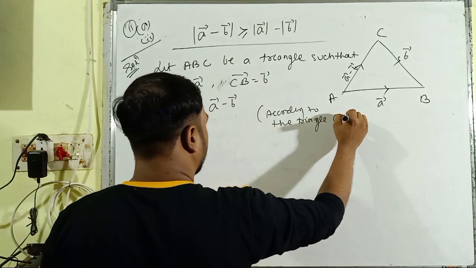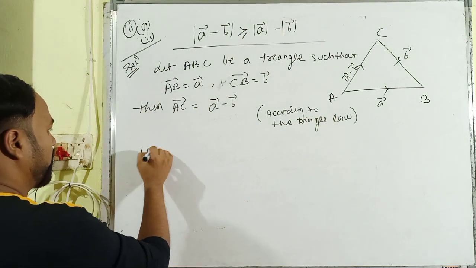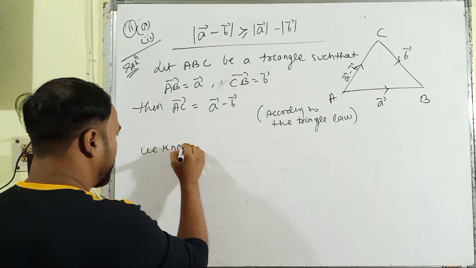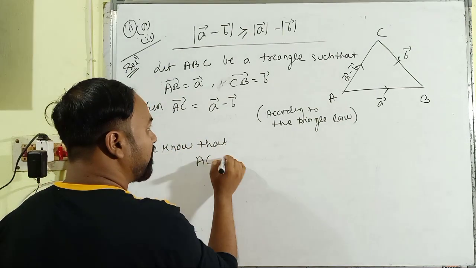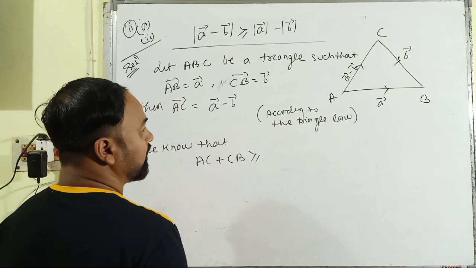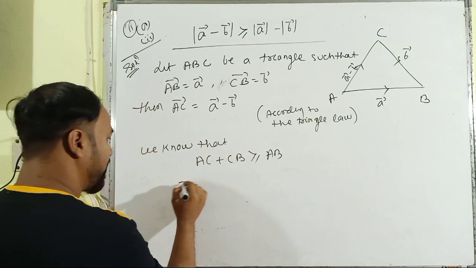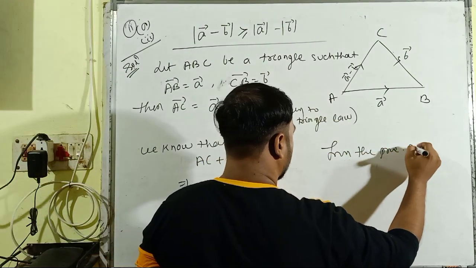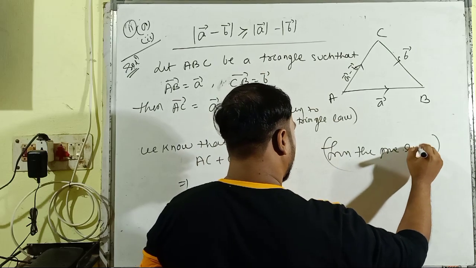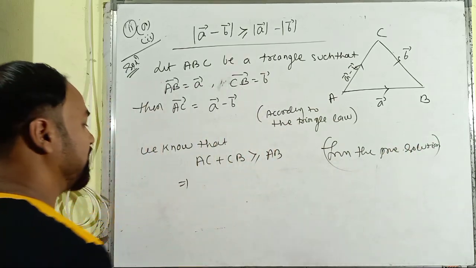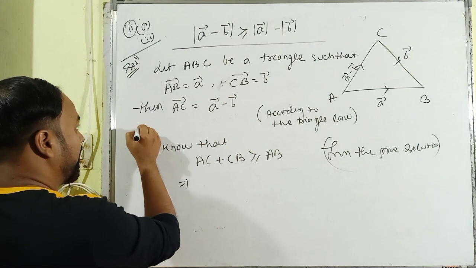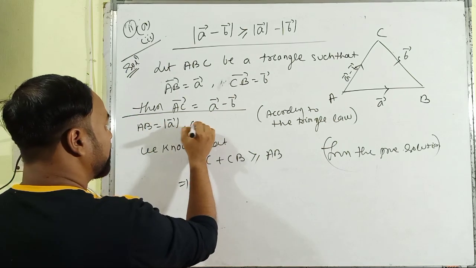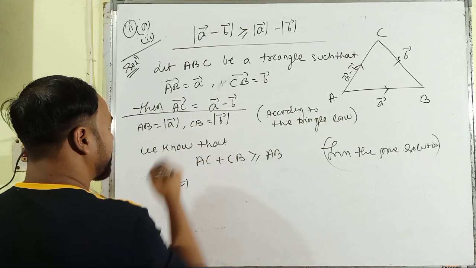We know from the first bit, 11a bit I, that AC plus CB is always greater than or equal to AB, from the previous question. You can write down the previous solution. AB is equal to the magnitude of A vector, then CB is equal to the magnitude of B vector.